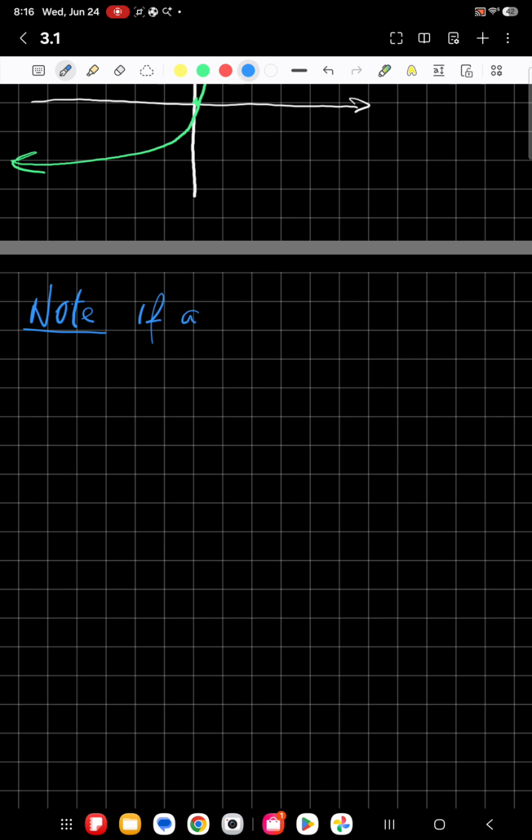So if a function is differentiable at c, at x equals c, then that means it's continuous.